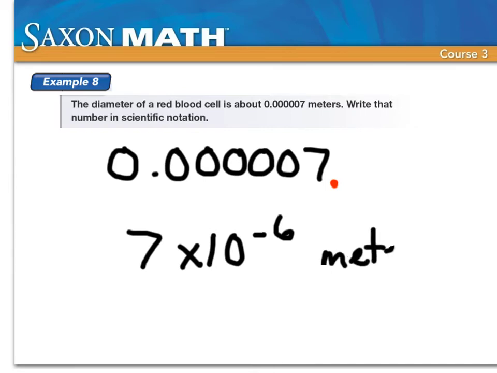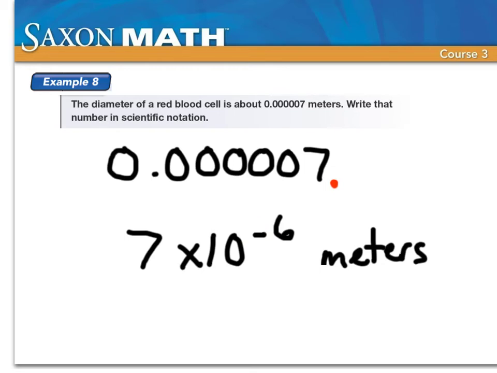And we're going to label it with meters. So again, figure out where the decimal goes to make your number between 1 and 10. And then from that spot, count how many places you had to go to get to where the decimal actually is. So we moved it 6 places to the left. So the negative tells us to move it to the left, and it was 6 places.